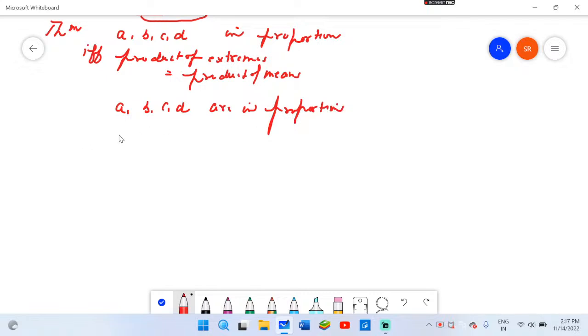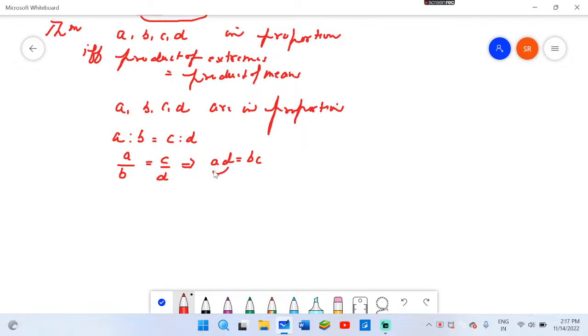Therefore, we write them as A is to B is equal to C is to D. That is A upon B, because the ratio is comparison by division, equals C upon D. We can cross multiply to write AD is equal to BC.